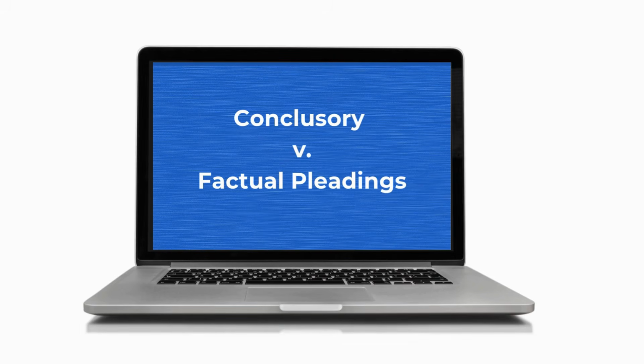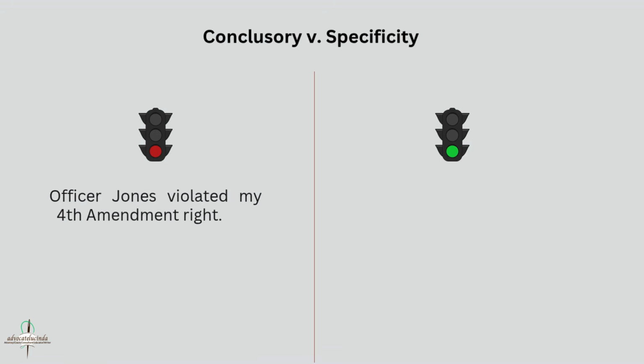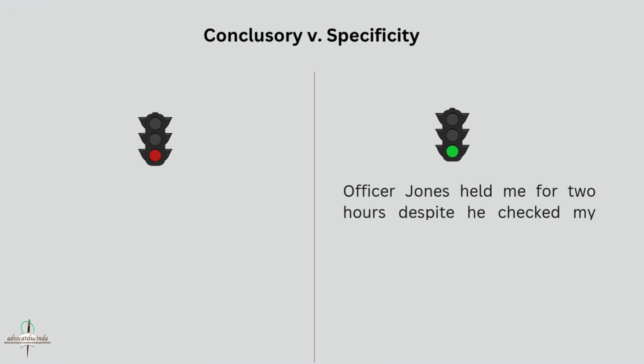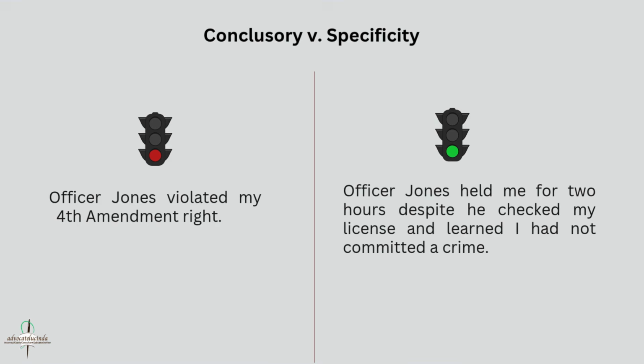So let's quickly review conclusory versus factual pleadings. "Officer Jones violated my Fourth Amendment rights" versus "Officer Jones held me for 2 hours despite he checked my license and learned I had not committed a crime."